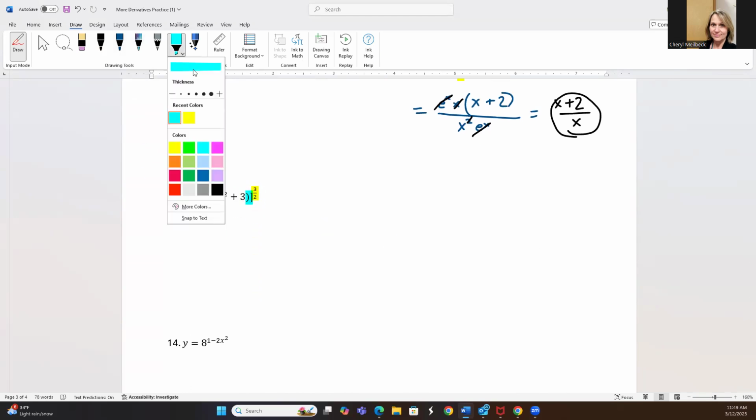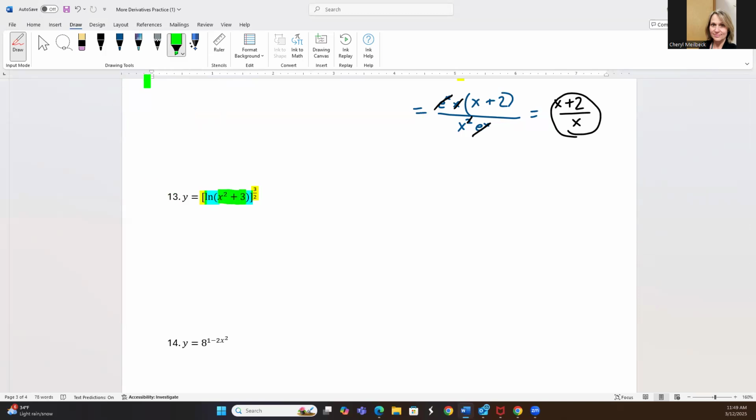And then from there, we even have a further inside function, which is the x squared plus 3. So we've got to use the chain rule multiple times. First, we'll take the derivative of the outside function, which is just being taken to the 3/2 power. So that'll mean 3/2 comes down in front, and then we just leave the rest of this the same, natural log of x squared plus 3.